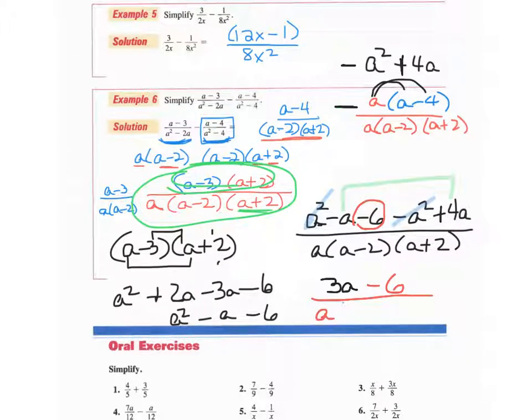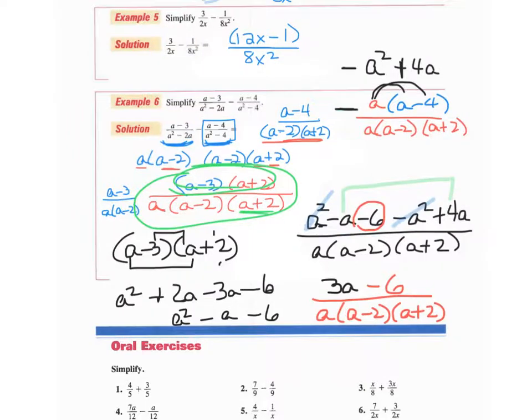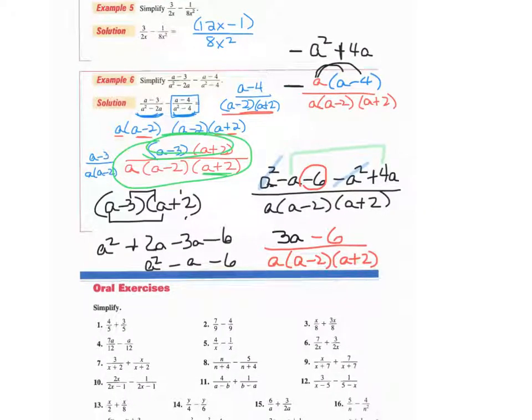Still has this denominator. I don't need to FOIL it. The denominator, you're not going to FOIL or multiply. You're always just going to leave it factored. Now, after you've combined your like terms, you need to factor out a GCF out of the top and then see if anything will cancel. So out of this numerator, I could factor out a 3, and I'm left with a minus 2.